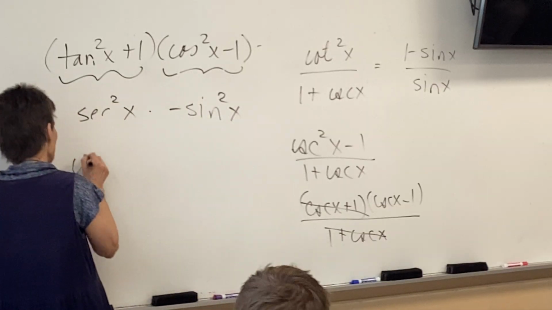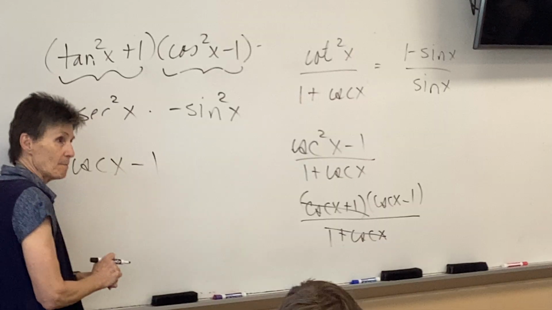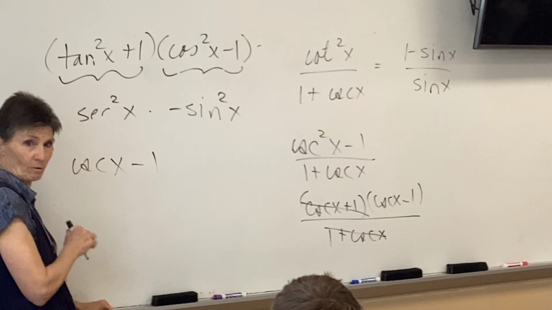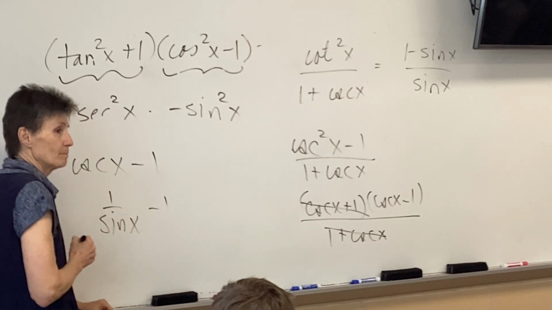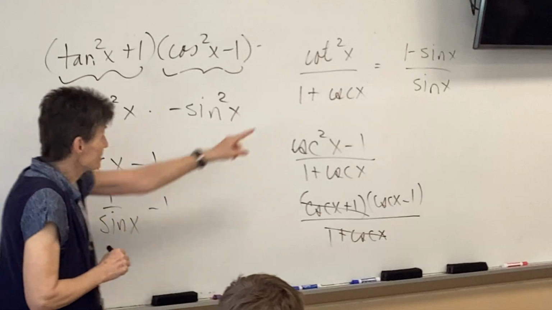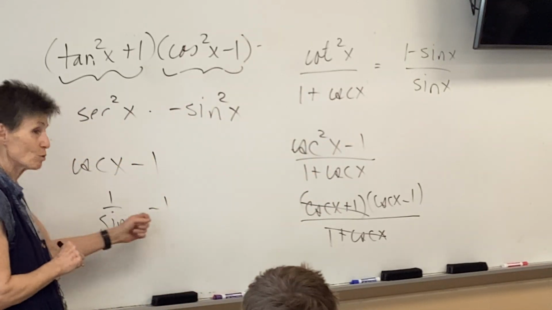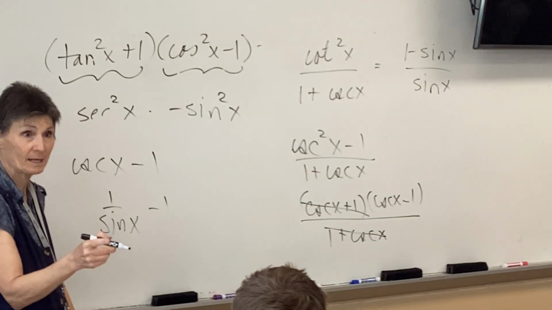So now, I'm going to do exactly what I did a minute ago. Techniques are the same. What is cosecant? What else? Why did I do that? Because that's what I want to end up with, right? Fraction here. What do I need for a common denominator?